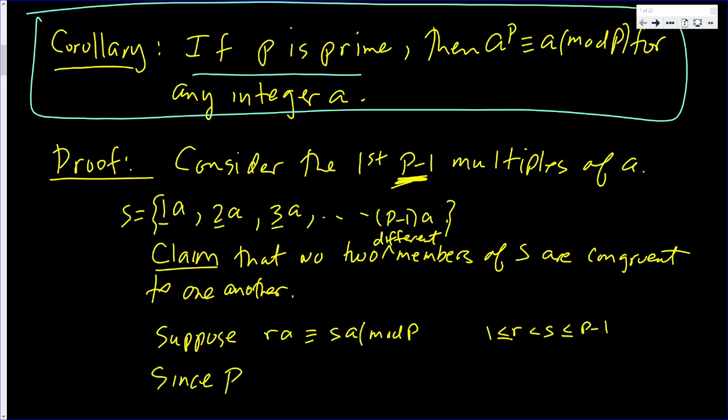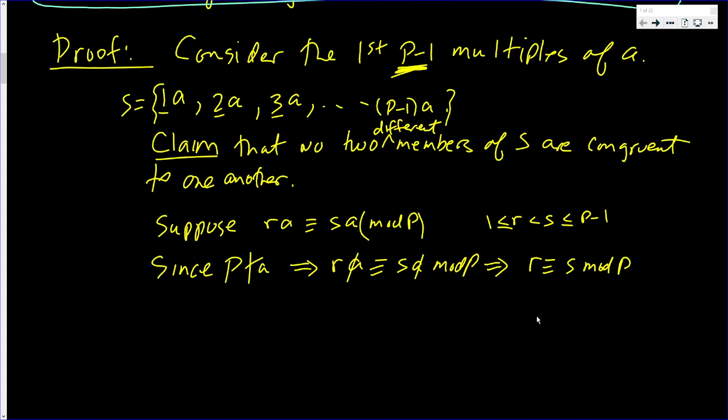But since P does not divide A, that R times A is congruent to S times A mod P implies that we can cancel out the A's. That is, R is congruent to S mod P. But what does that imply?